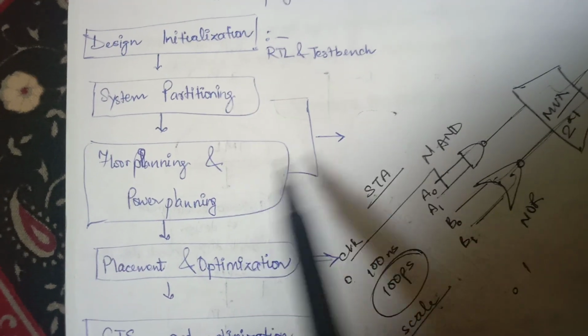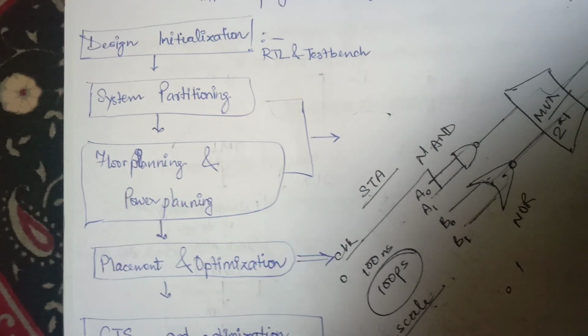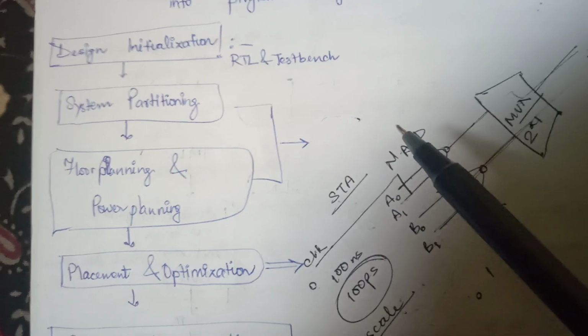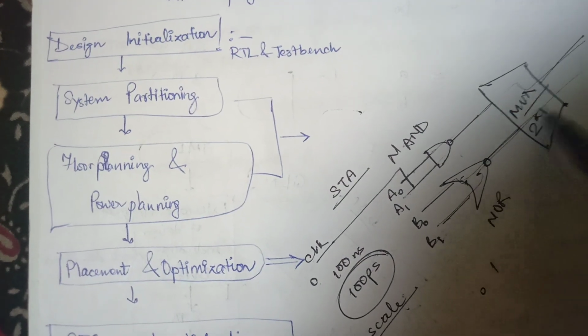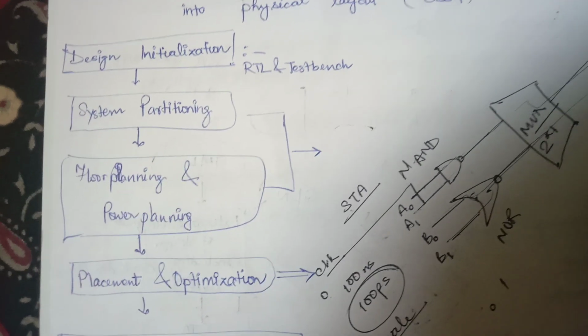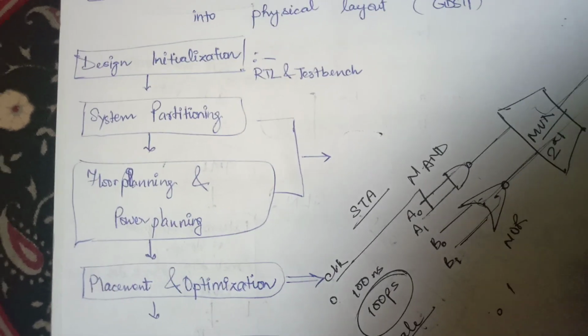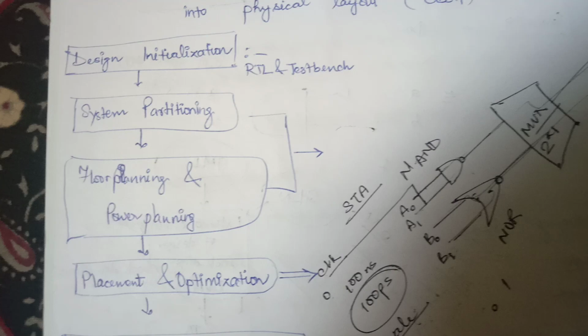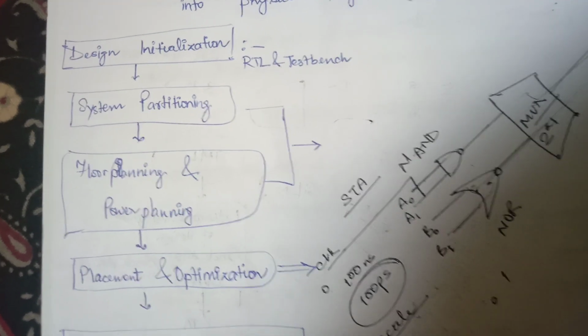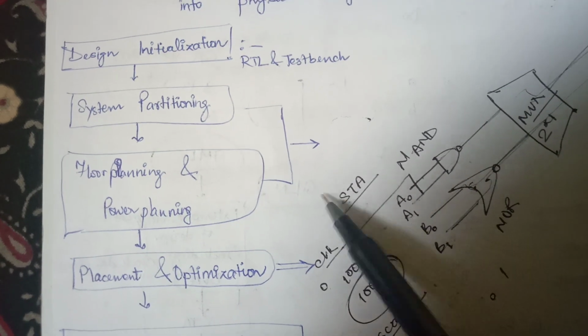In system partitioning, we use partitions like body parts: this is the whole body, the whole diagram, and this is the heart, this is the brain, these are the legs, and such.